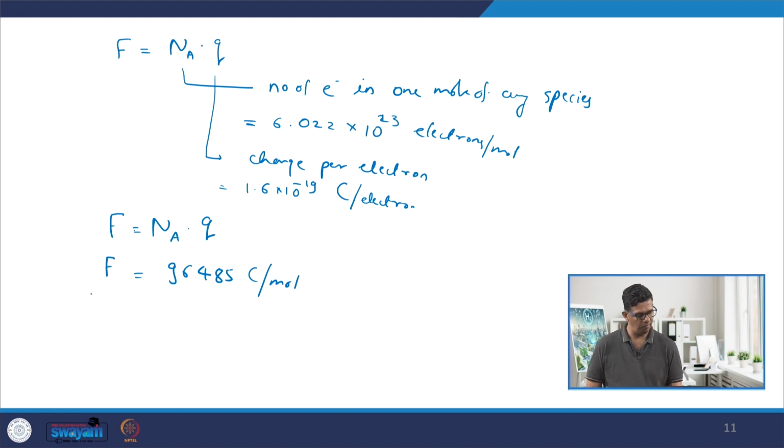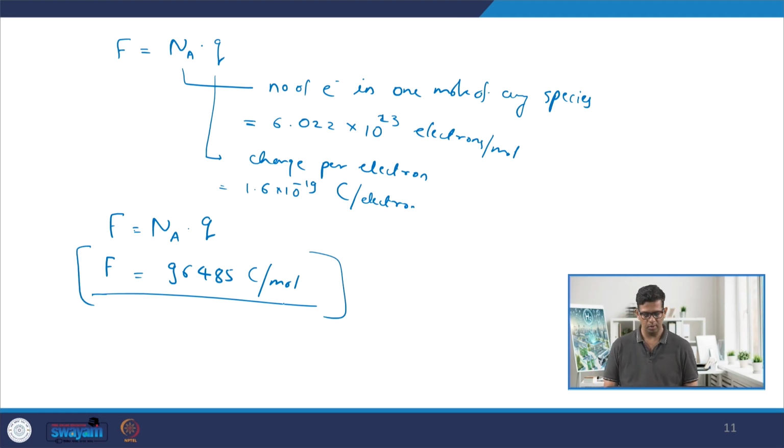It is the Faraday's constant that makes electrochemistry very interesting, and that is why we can see a huge current flowing in the circuits once we deploy fuel cells, electrolyzers, batteries or capacitors. It is only because of the Faraday's constant that this entire magic is brought into the picture.